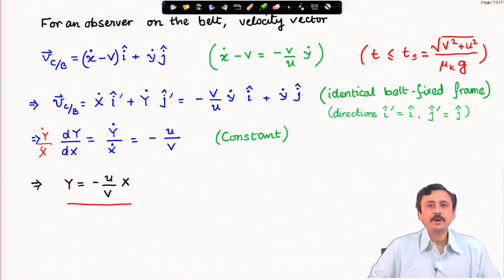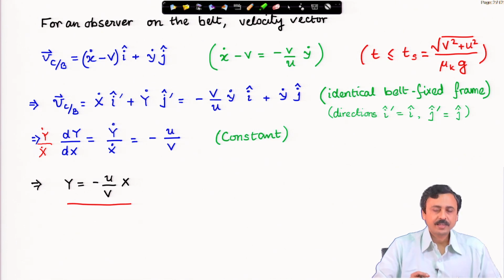Therefore, y must be minus u by capital V times x. This tells us, surprisingly, that the coordinates of the cylinder as seen by the belt based observer form a straight line with constant slope. This has a constant slope, it is a line, right. Therefore, if this cylinder were painted, it would leave a line on the belt.